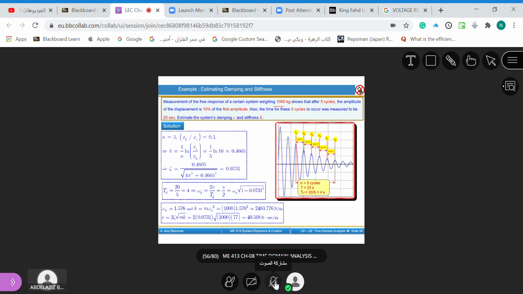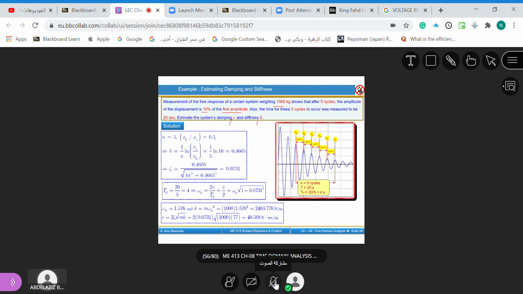After 5 cycles, the amplitude of displacement is 10% of the first amplitude. Also, the time for the 5 cycles to occur was measured to be 20 seconds. Estimate the damping C and the stiffness K. So they gave us only this information, and from this information, they want us to find the damping C and the stiffness K.